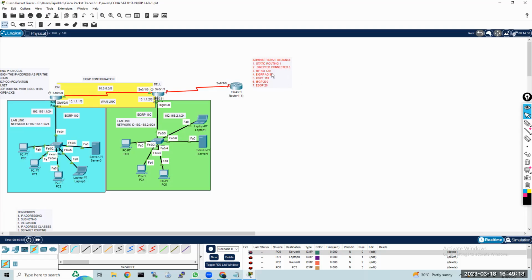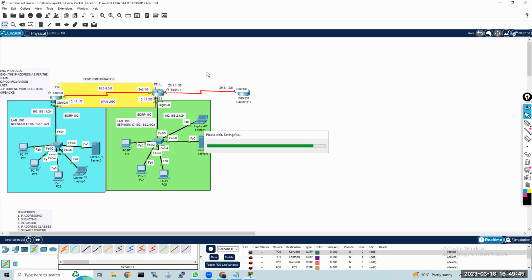Let me delete this, it is not required. Add one more network here and configure it from your side, guys. I will share this topology with you, all ready, and we just need to do the lab directly from your side. I will save this and share it right away.